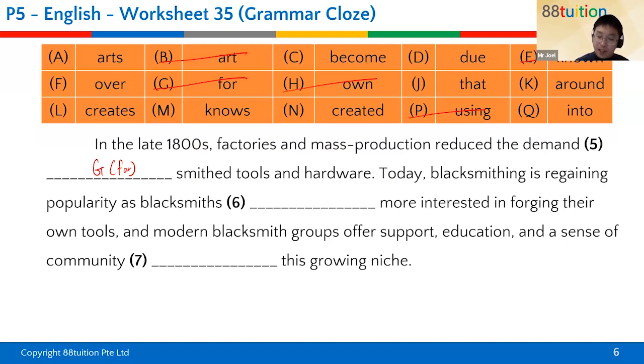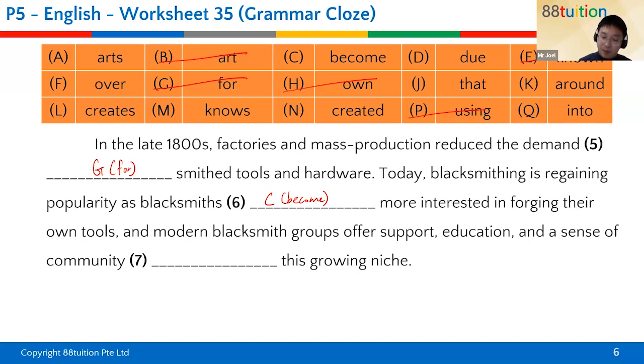Today, blacksmithing is regaining popularity as blacksmiths were more interested in forging their own tools, right? And modern blacksmith groups offer support, education, and a sense of community. So what should we put for number 6? So number 6 is one that a lot of you got correct as well. Good. All right. Blacksmiths become more interested in forging their own tools, right?